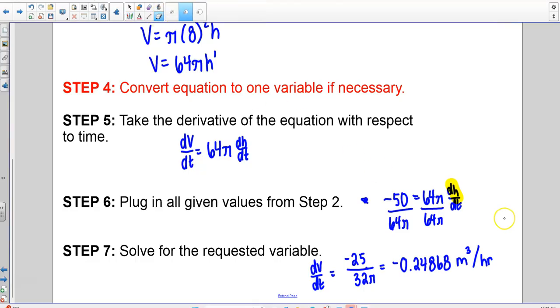Oh, yeah. You're right. I'm wrong. This is not dV/dt. I'm just slapping things down that aren't true. What were we solving for? dh/dt, in which case my units are not cubic meters. They are just meters per hour. That looks better. Yes.